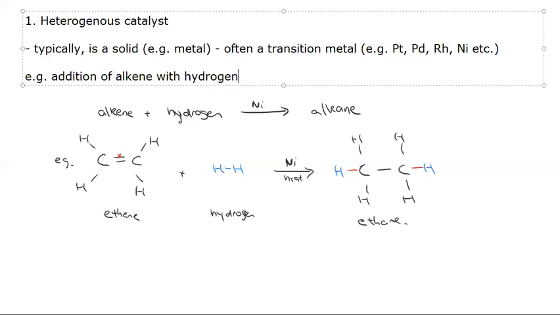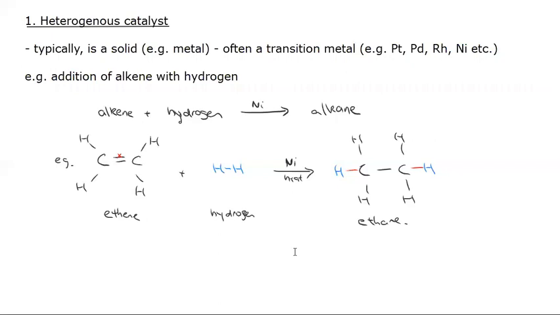And you'll see these examples quite a lot. So you've come across these before in these contexts in your organic chem. So this is an example of a heterogeneous catalyst in action. You've got an alkene plus a hydrogen, through the help of nickel, reacts to form alkane.